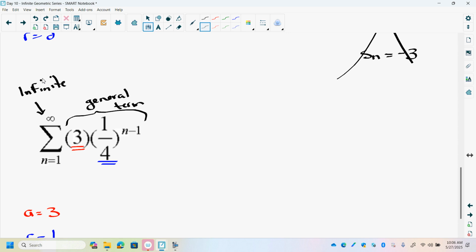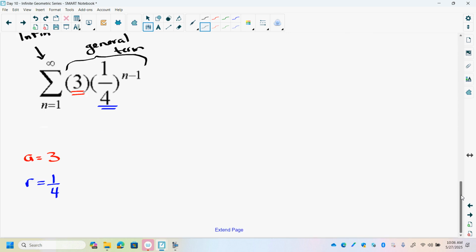What formula would I use? That's right. Sn is going to equal A divided by 1 minus R. Sn is going to equal 3 divided by 1 minus 1/4.